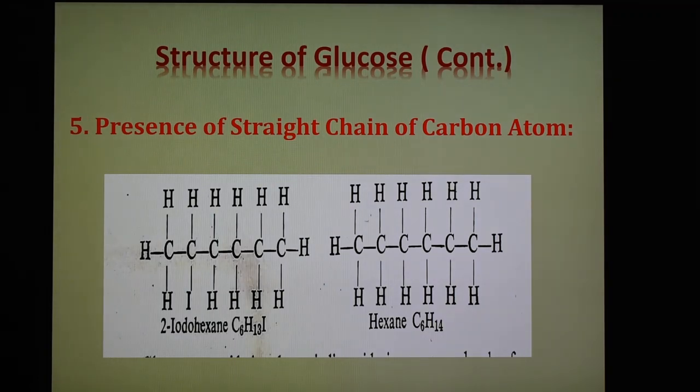The next step, number 5, is the presence of a straight chain of carbon atoms. In glucose there is a straight chain of carbon atoms. On reduction by HI at 100 degrees Celsius in presence of red phosphorus, glucose first gives 2-iodohexane and finally hexane.